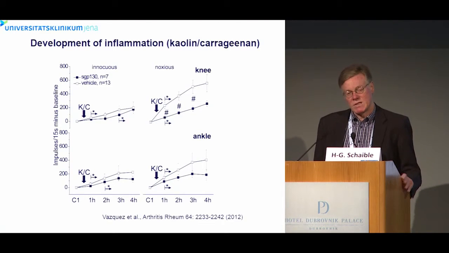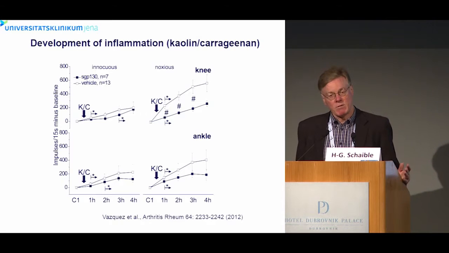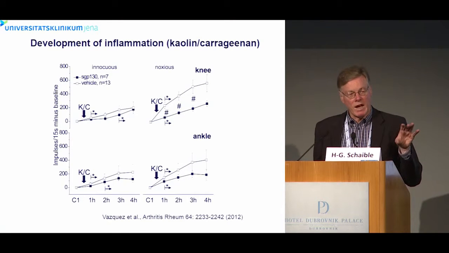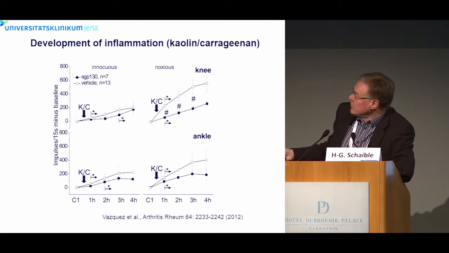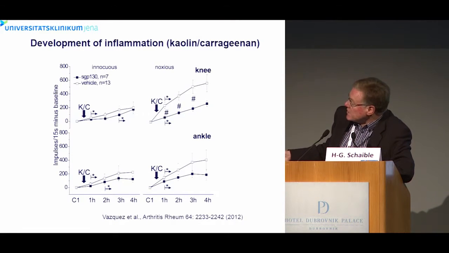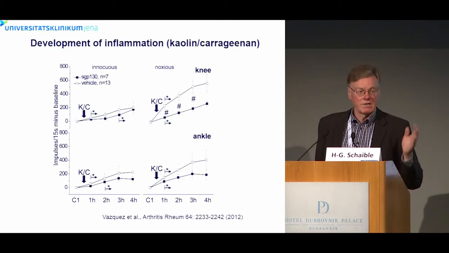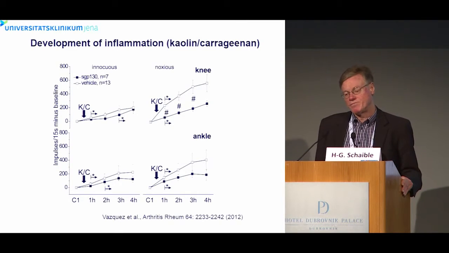When we compare, for example, the spinal sensitization under normal conditions during inflammation, and then if we compare this with blocking of the IL-6 cascade, the IL-6 response, we see a difference. So this is just a normal increase of activity during inflammation, and when we block the IL-6 cascade, this is significantly lower. So this shows that you need, obviously, these cytokines in the spinal cord already during the development of this inflammation.